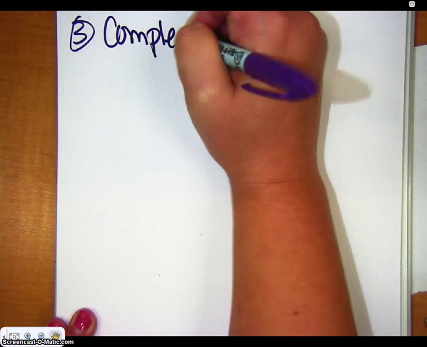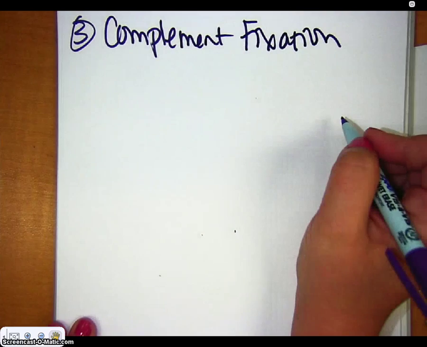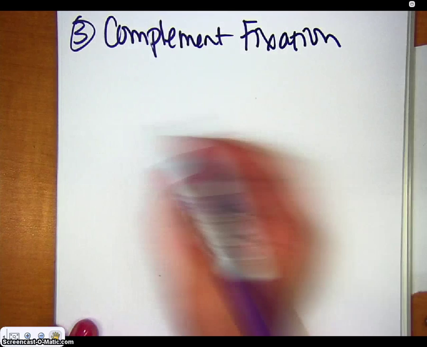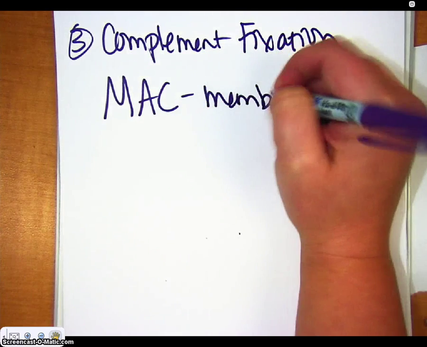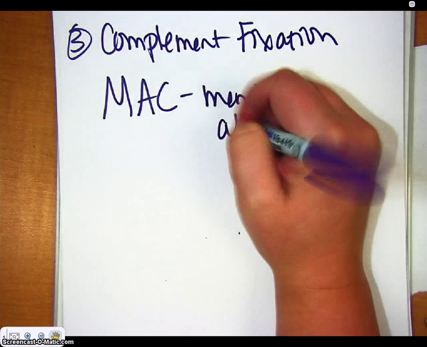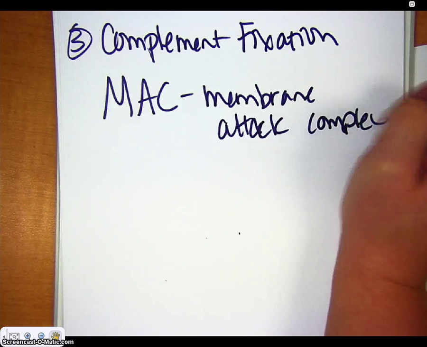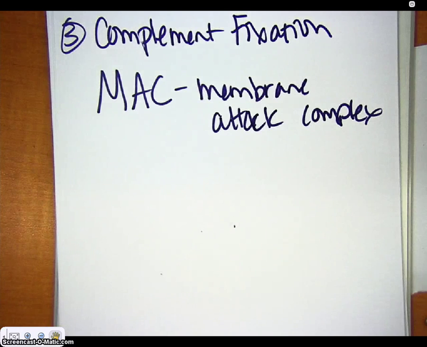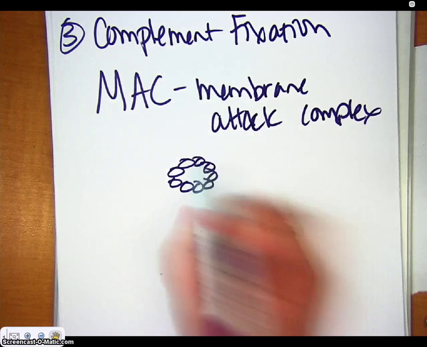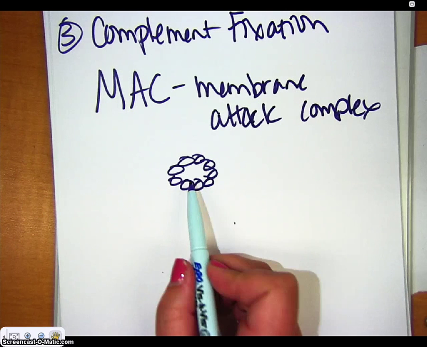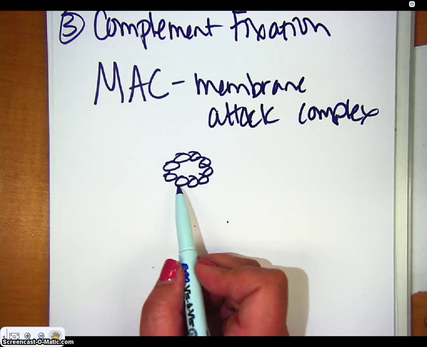triggering complement fixation. Right? So remember that the complement system is a process of building the MAC, which is the membrane attack complex, which is basically this cascade of protein manipulation in order to make, I like to call it the little protein donut, but it's a little pore channel or an opening that is drilled into the surface of a cell membrane.